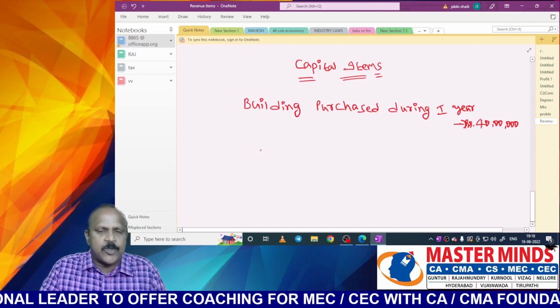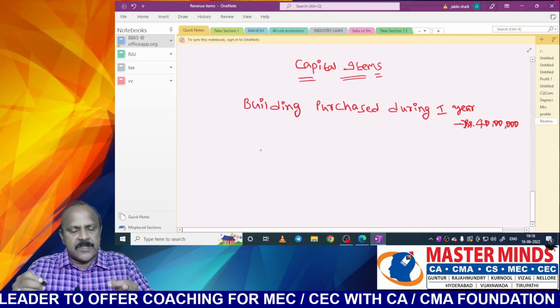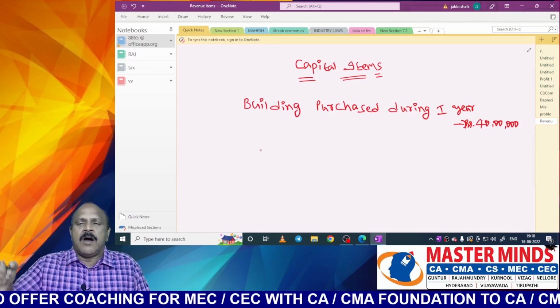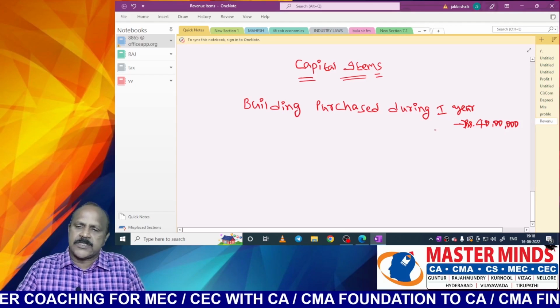Building is an asset to the organization, of course a fixed asset. We can very well show it on the asset side of first year's balance sheet.